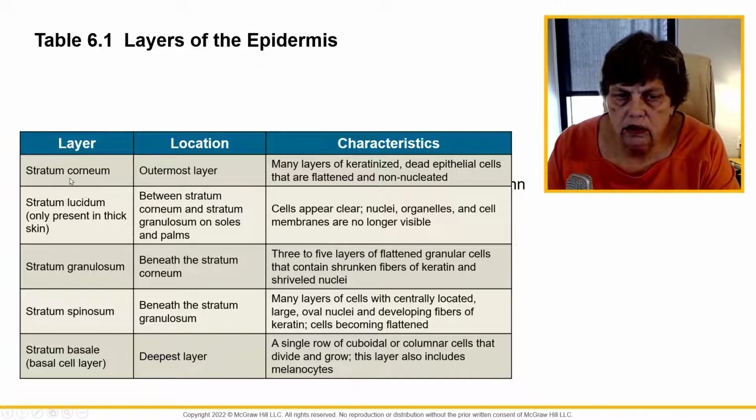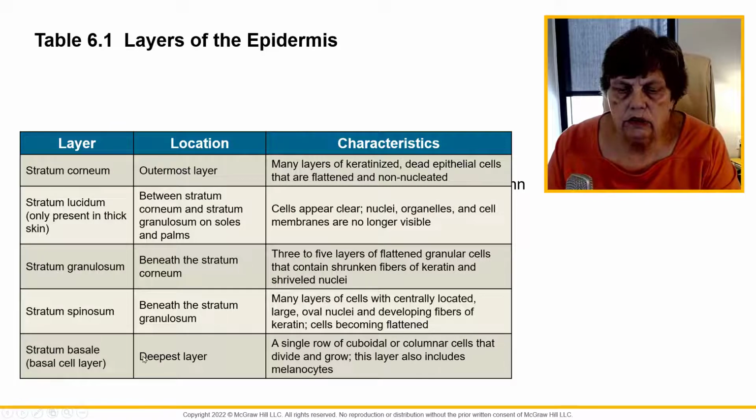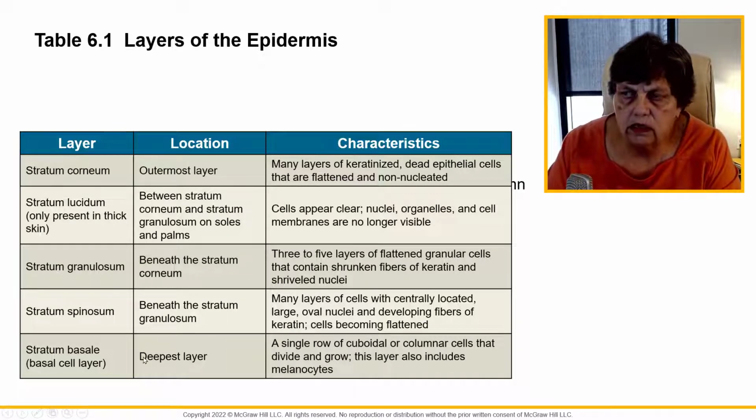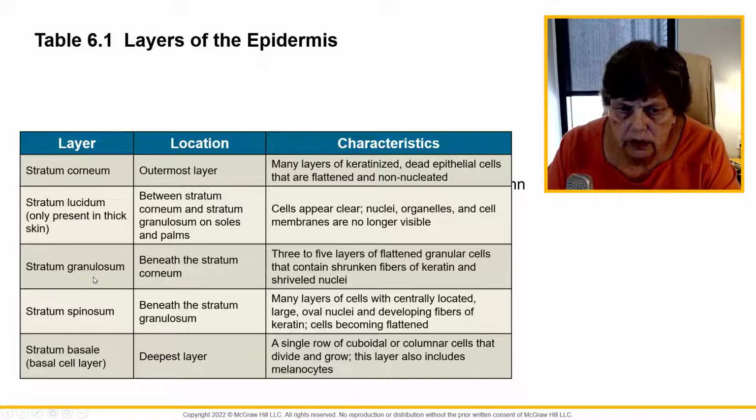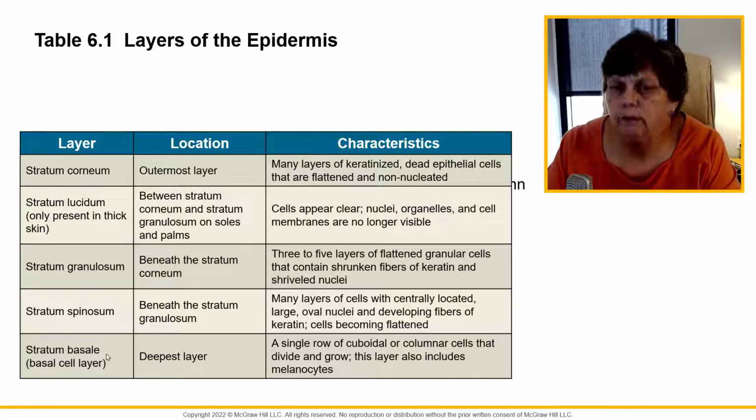So if we take a look at the layers, here are the layers from the outermost layer to the deepest layer of that epidermis. The stratum corneum, the stratum lucidum, and that's only in thick skin, the stratum granulosum, the stratum spinosum, and the stratum basale, or again, sometimes called in some textbooks the stratum germinativum.